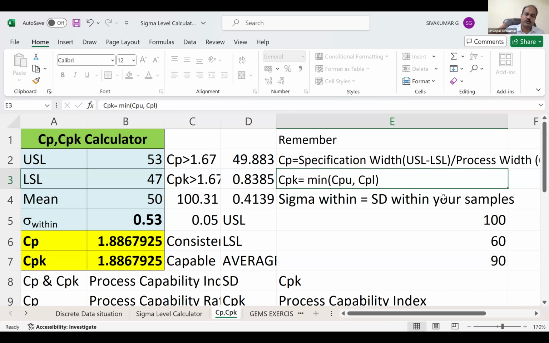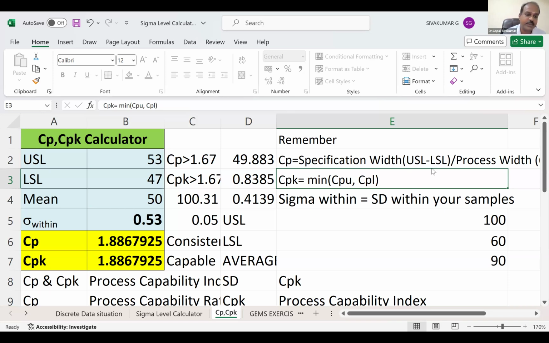So we find the ratio: USL minus X bar divided by 3 sigma, and X bar minus LSL divided by 3 sigma. We expect both values to come out equal. If they are not equal, it is evidence that the process is shifted. In that manner, we find out whether the process is shifted or not.